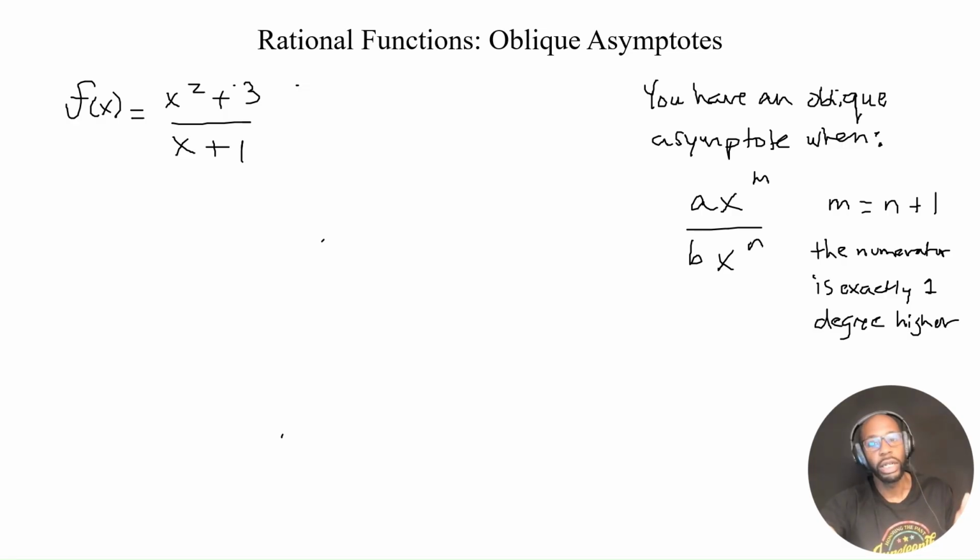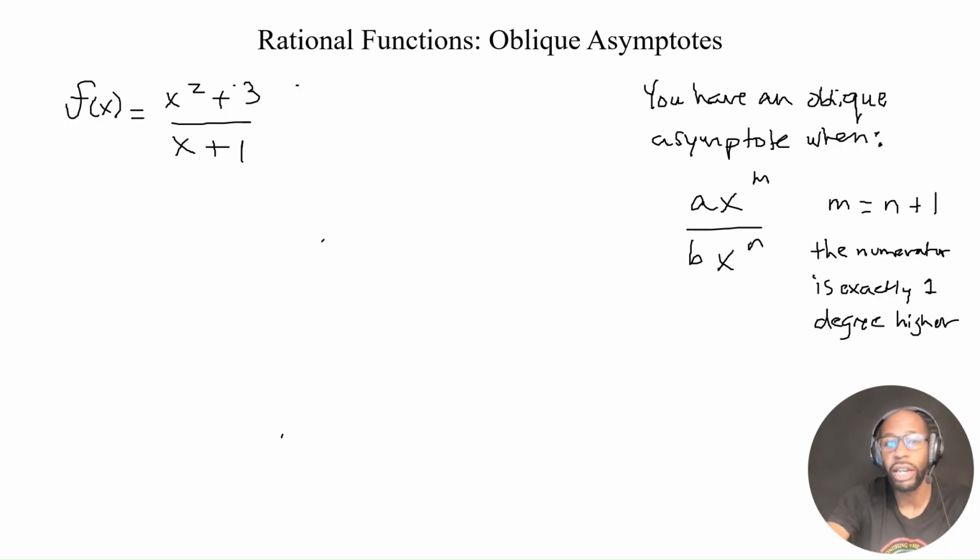Or if it's x to the third up top, it's x squared at the bottom. And it makes sense because, like I said, an oblique asymptote is basically going to be a line, and a line has a degree of 1. The x term is going to have a degree of 1, so it makes sense: x cubed divided by x squared is x to the first power. X to the fourth divided by x cubed is x to the first power. So it makes sense.